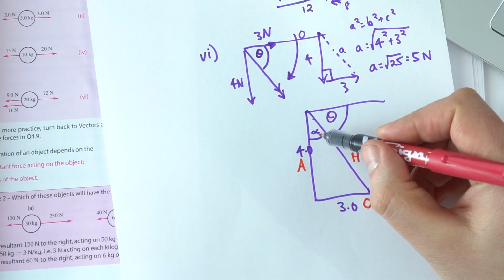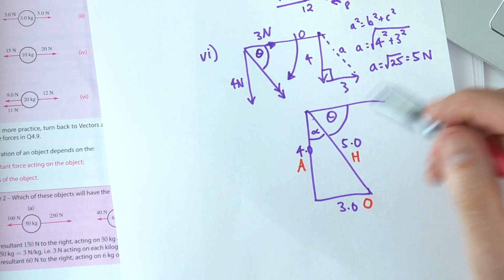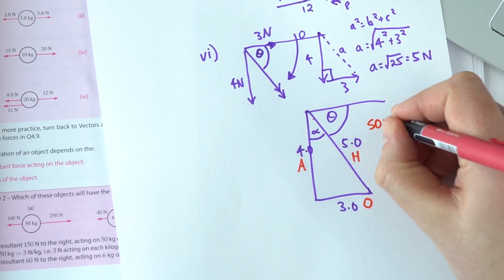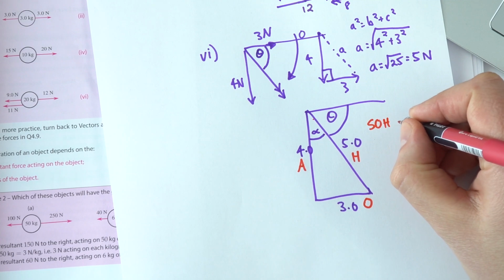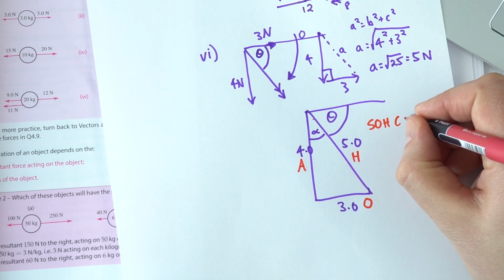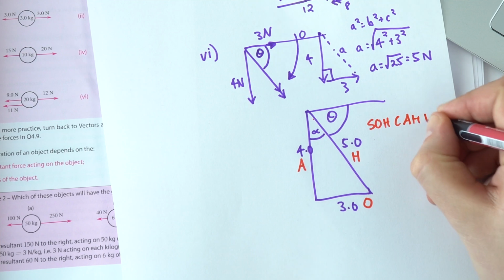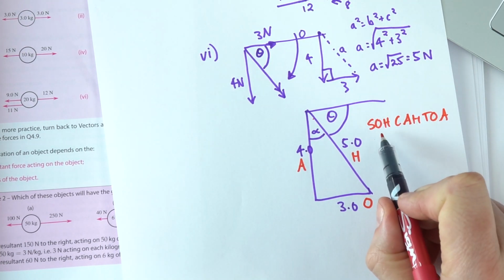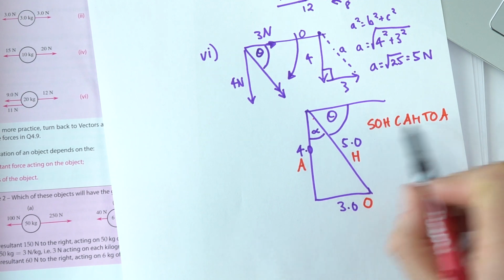And what we want to look at is the angle here. Now, we could use sine, cos, or tan, remembering SOHCAHTOA. Because we know the opposite, hypotenuse and adjacent, we could use any of these.